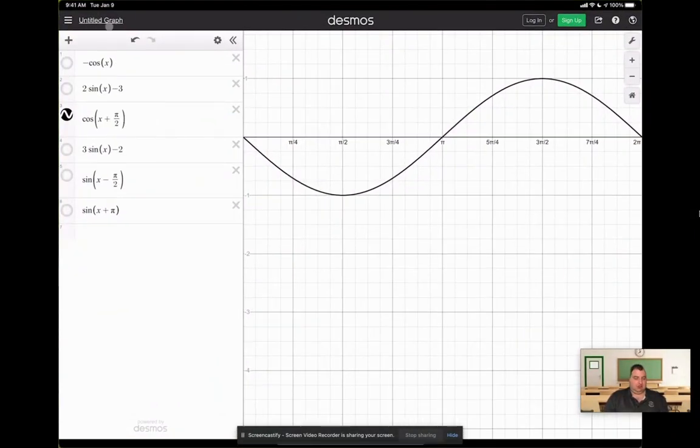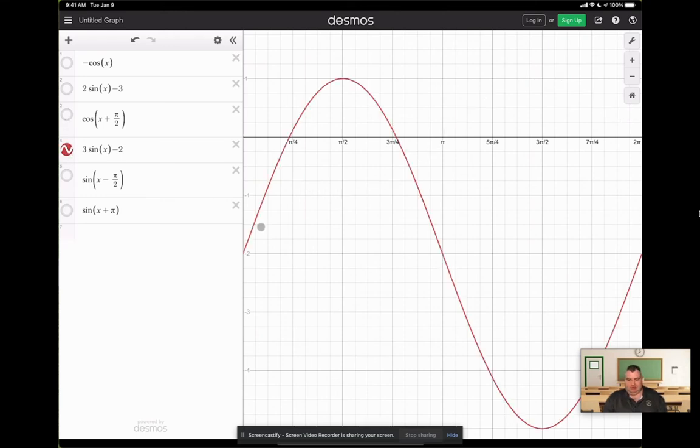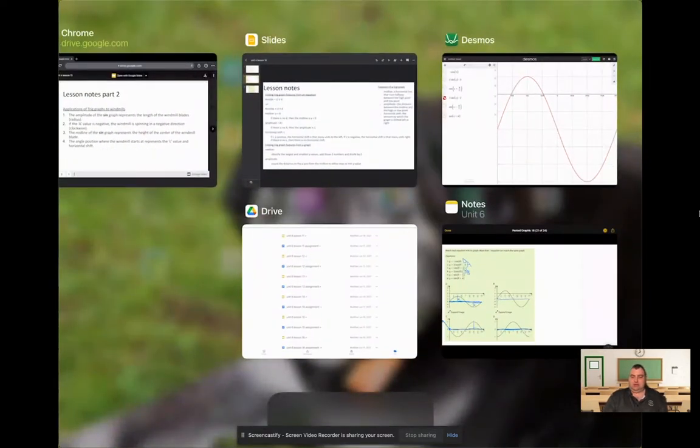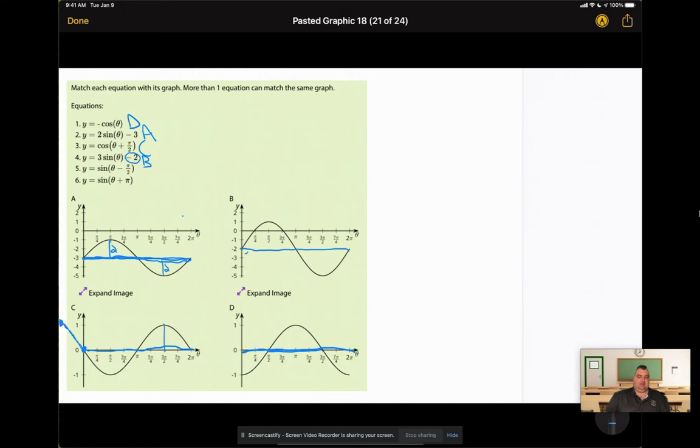And if we double check on Desmos, it should match up, and it indeed does.